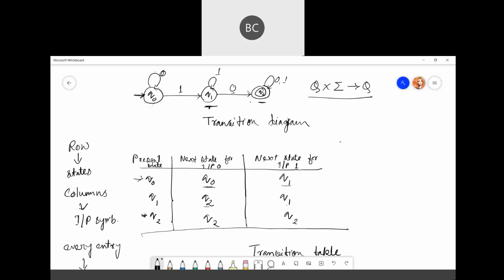Simple one. So this is the tabular representation. Do you get the idea how you can write the table from the diagram?